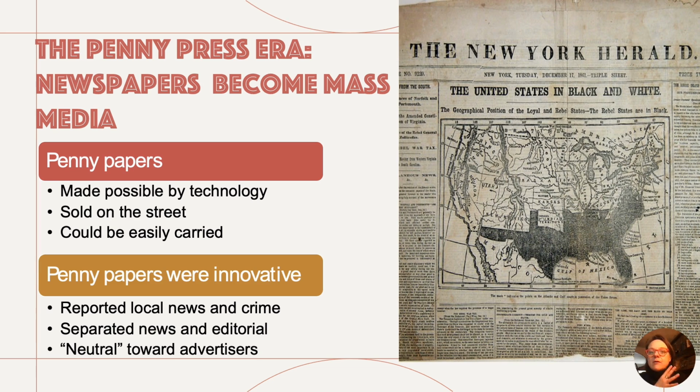When we were talking about the partisan papers or the large commercial papers that were available primarily for people in business, so the merchant classes, those were huge papers. They needed to be laid out on a giant wooden desk. And often the print was so small that even though the paper was that big, you still needed to read it with a magnifying glass because they were trying to fit so much information in. And that's obviously something that's not available to everyone, right? And they were expensive because of all of that.